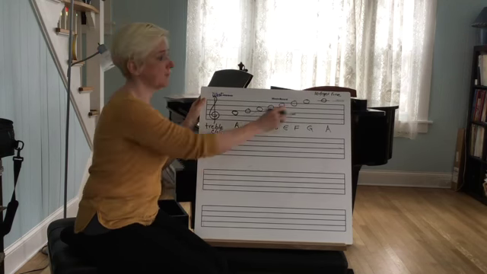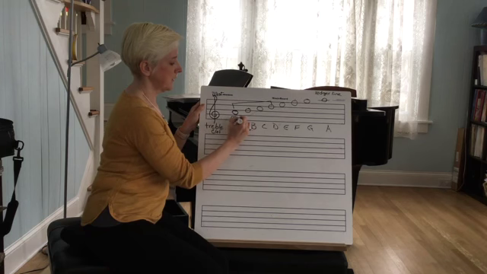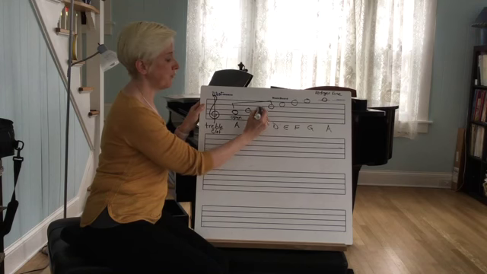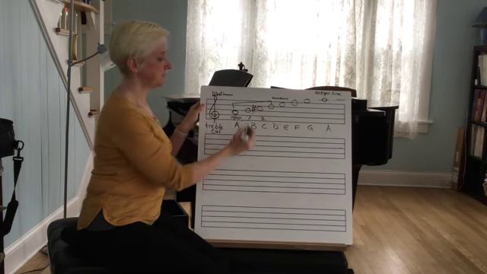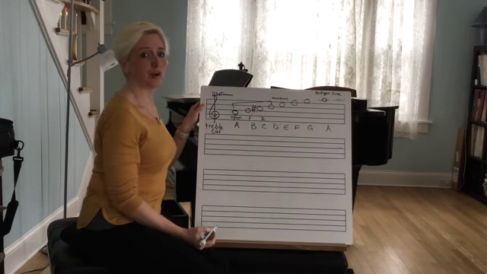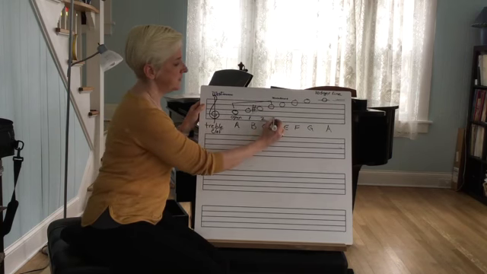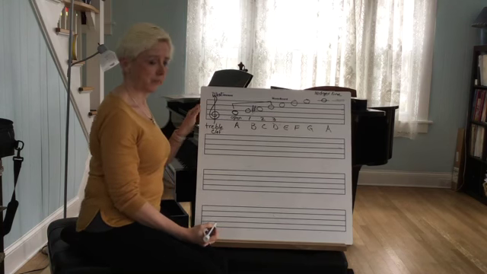So on the violin, our open A is here. So B is 1, C is 2, and you may remember that we've been using C sharp in our finger pattern. So a sharp looks like a hashtag, and then D is 3.